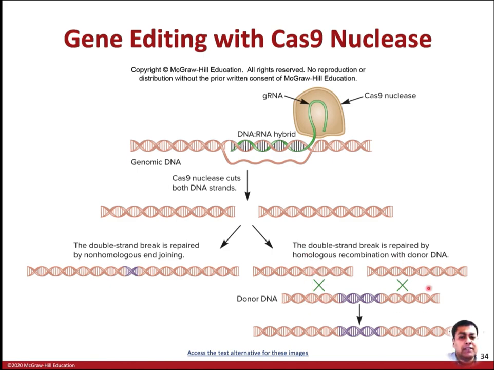Because these sequences are similar, homologous recombination can join in a complete new molecule. Here, non-homologous recombination is mostly for gene disruption, whereas with this one you are introducing a new sequence, and this is for editing purposes. So you can edit by homologous recombination, whereas you can disrupt by non-homologous recombination.